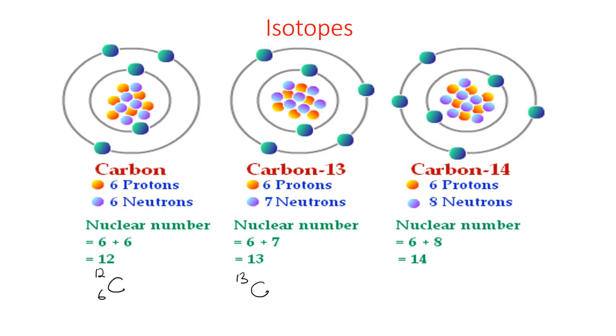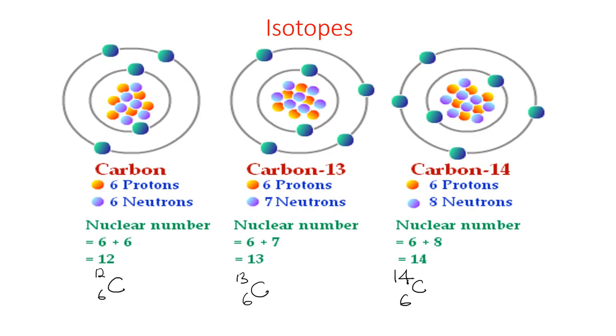So the carbon 13 has 13, 6 C. The carbon 14. So you can see that in all cases, the atomic number is the same. The only difference is the mass number. That's how we present isotopes.